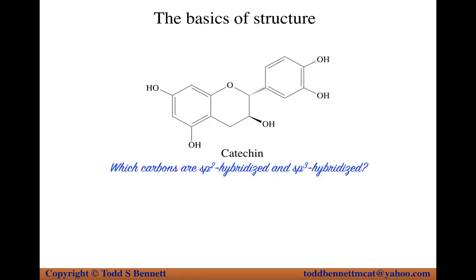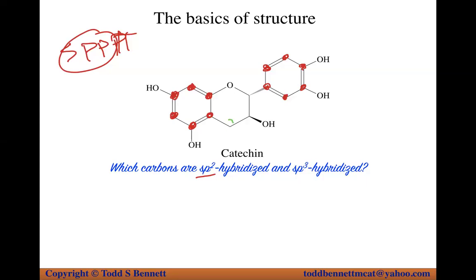So which carbons are sp2 and which carbons are sp3 hybridized? This should become kind of a reflex that you remember that to form a pi bond, it has to use a p orbital. So I'm going to draw p orbitals for everything that has a pi bond. So if you use a p orbital, again, you have available to you s and p, but for sp2 of your pi bonds.